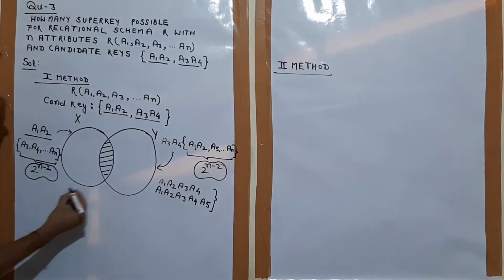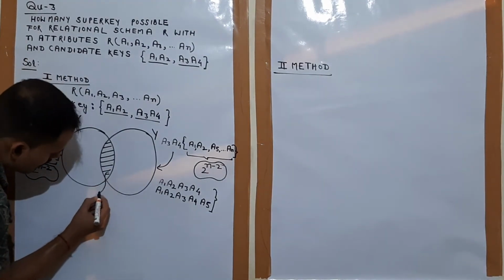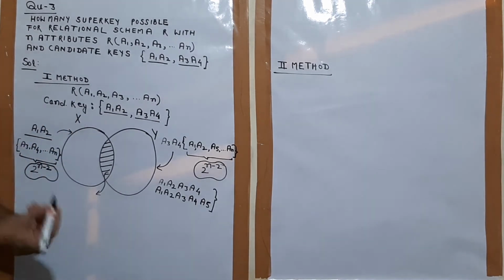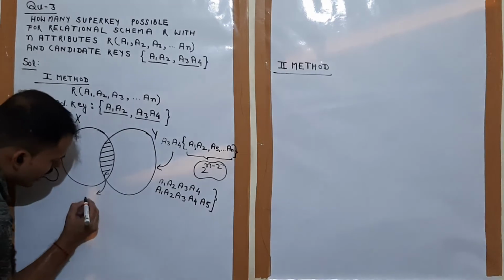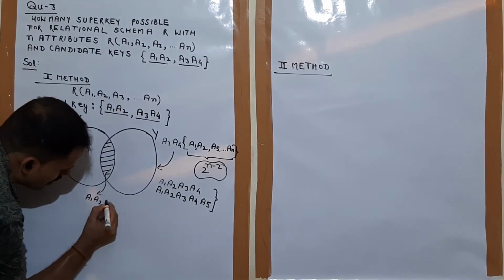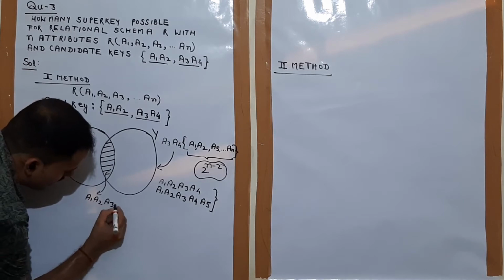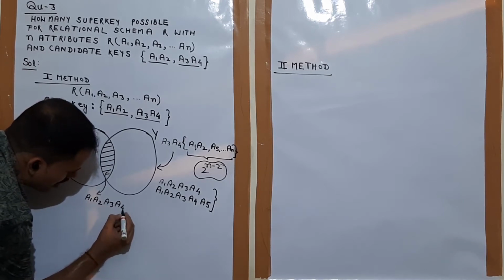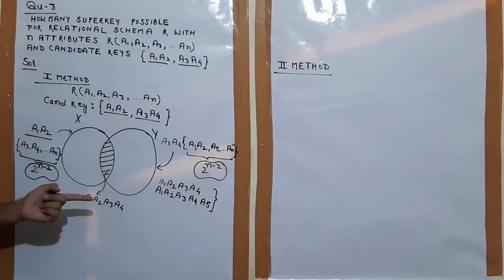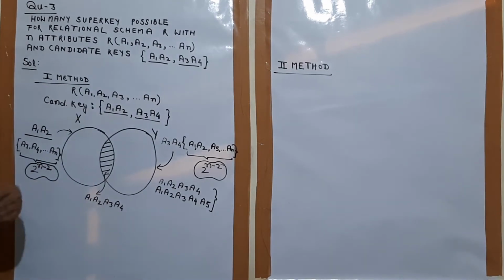We will do, see here, these super keys will contain both candidate keys, meaning A1, A2, A3, A4, and both candidate keys these common super keys will contain. And what are the remaining? What are the other attributes?